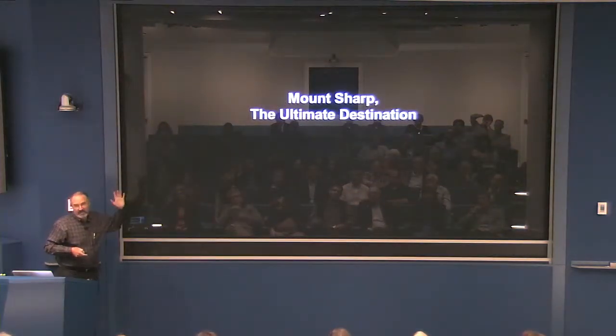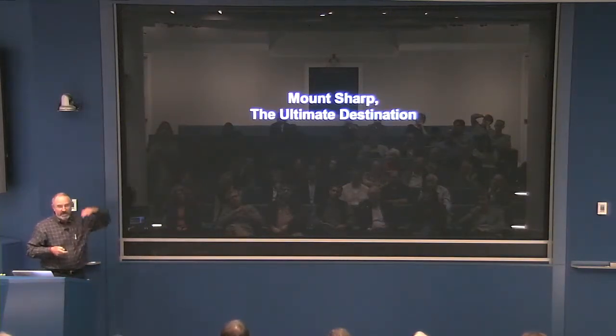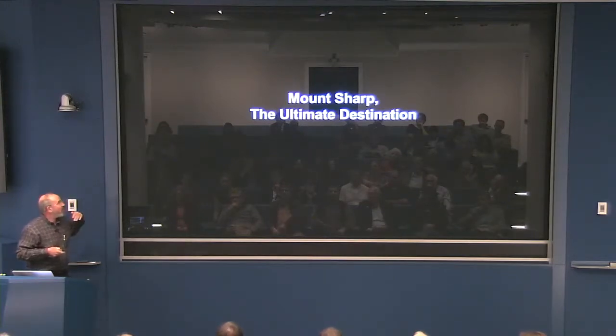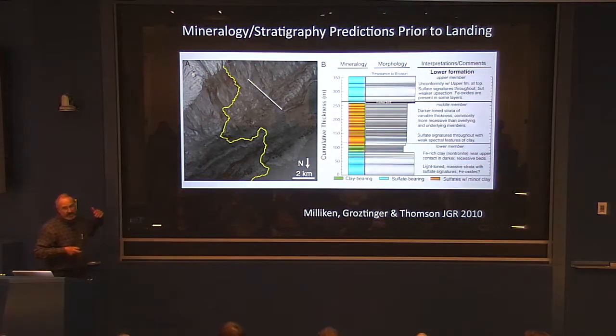So the ultimate destination is Mount Sharp because this is extensive layers of rock. And prior to the launch, it was hypothesized that these layers of rock will encode the history of Mars with respect to both activity of water and oxidation state. And the idea is that a warm, wet Mars would produce clays. They're shown in this stratigraphic chart here as the green. Then as Mars dries out, you will get evaporite minerals like sulfates.